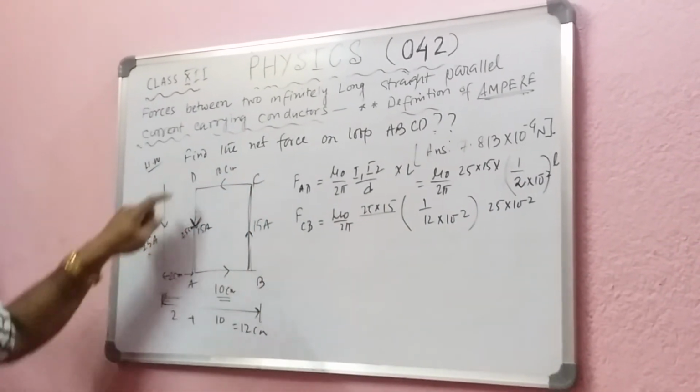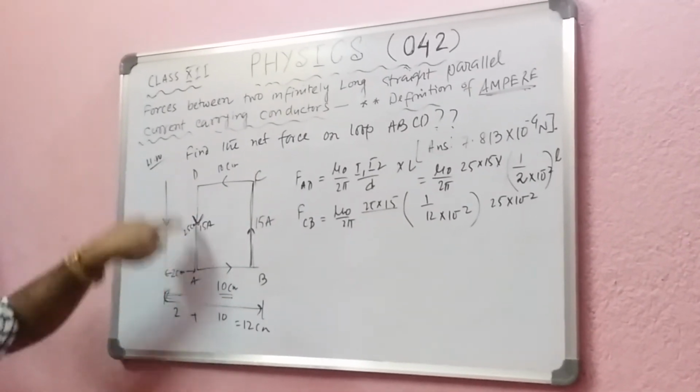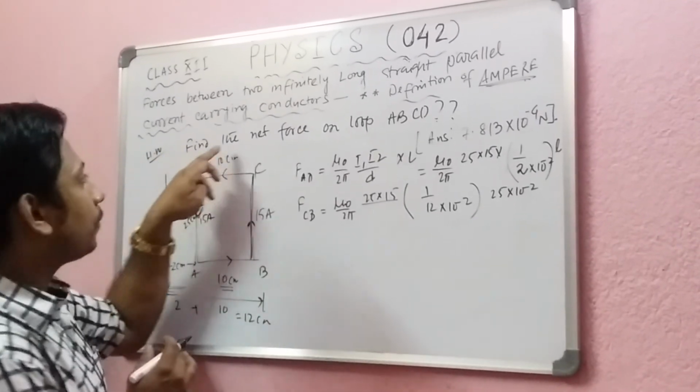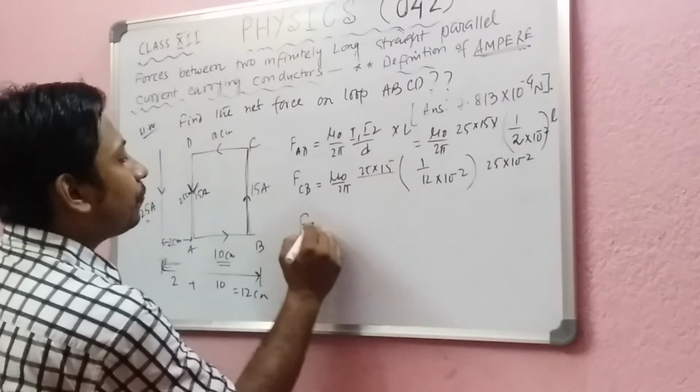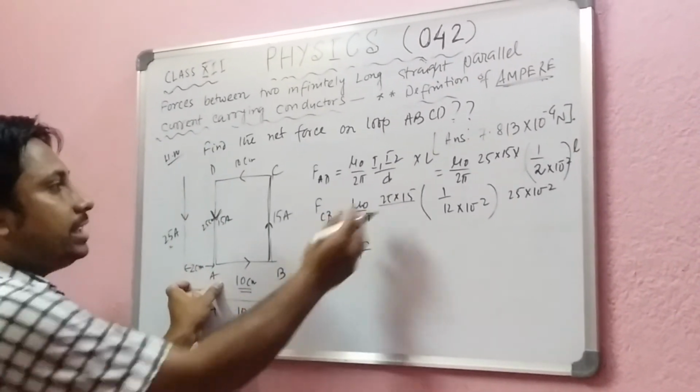Now see the direction of current here is downward and here upward. So the net force will be F equal to F AD minus F BC, because F AD will be greater as the distance D is smaller.